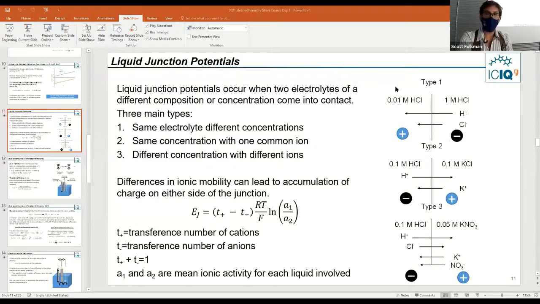I don't think the people on Zoom can see my screen. I'll share it again. So if we look at these, we can see that these are all singly charged, and the transference number tells us how much current is carried by a certain ion. So if we used a dication and it had the same mobility, it would carry twice the amount of current. But oftentimes, if something's more charged, it has a greater drag in solution because it might hydrogen bond more or have other ions paired with it. Good question.